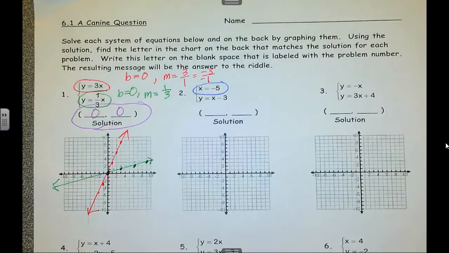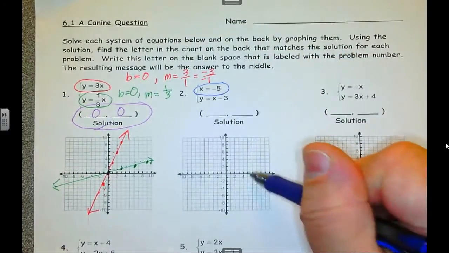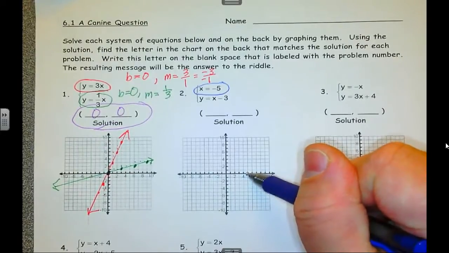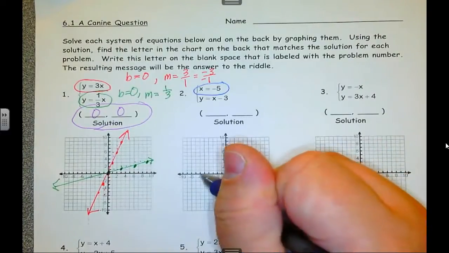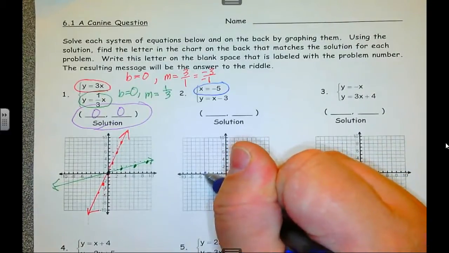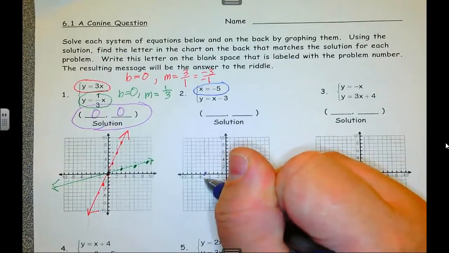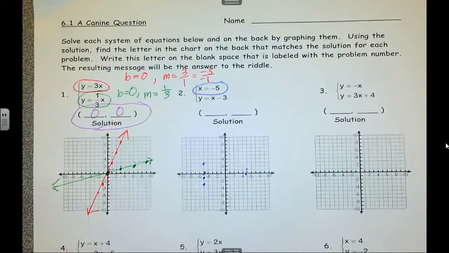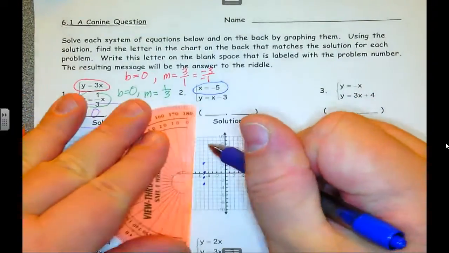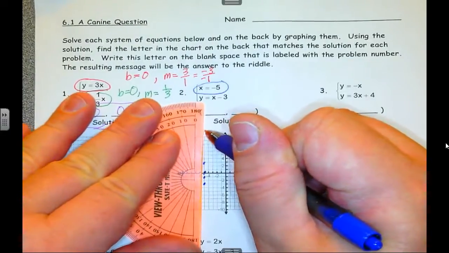Vertical. Now remember, every x value is -5. So here's a -5 for my x. That's where we start. No matter what my y value is, x is always going to be -5. Okay, it's a vertical line. So there's x equals -5.